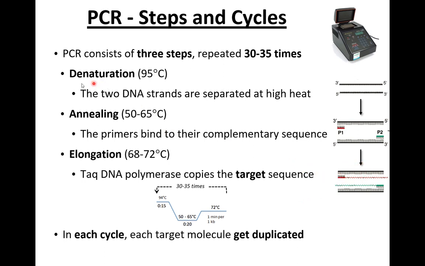As you can see, so this is repeated. So after elongation, you will get a second cycle going back to denaturation, annealing, elongation, and so on. This will be repeated over and over for 30-35 cycles.